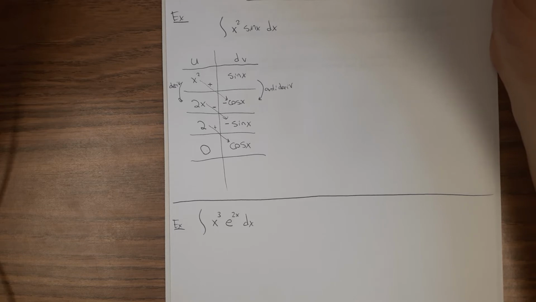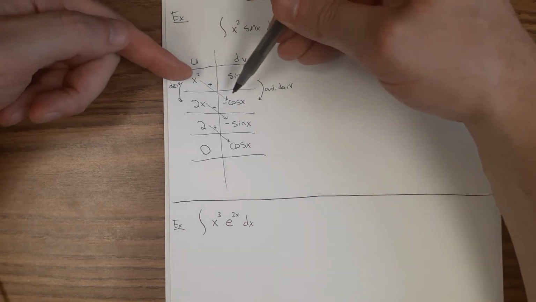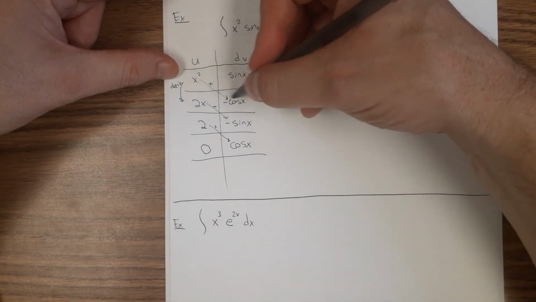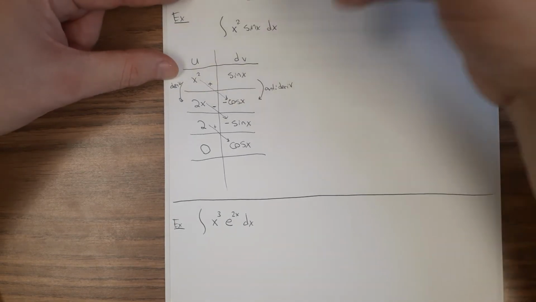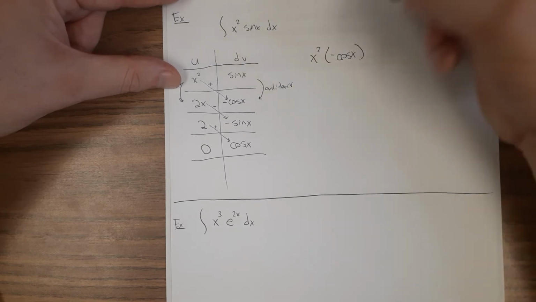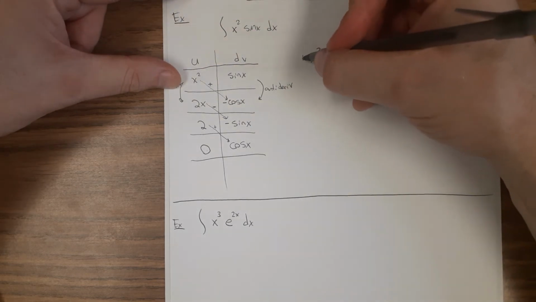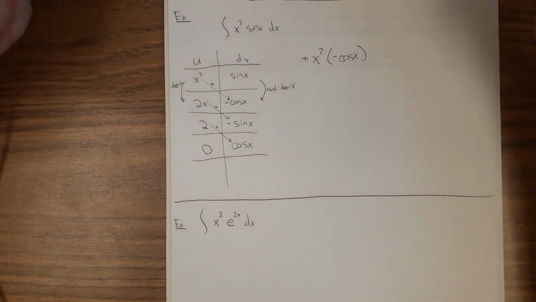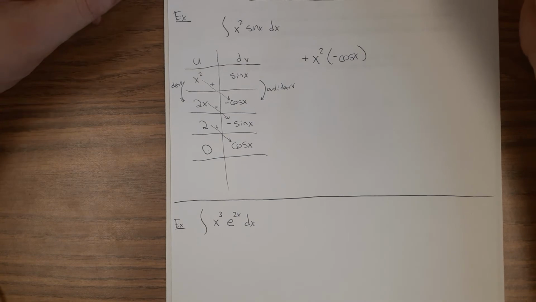And so what does this mean? I said I'm going to do this times this with a plus sign. So x squared times negative cosine x. And maybe just to emphasize, I'll write plus in front. That's this. Of course, that doesn't really do anything, but I'm just emphasizing that's what this plus sign means.